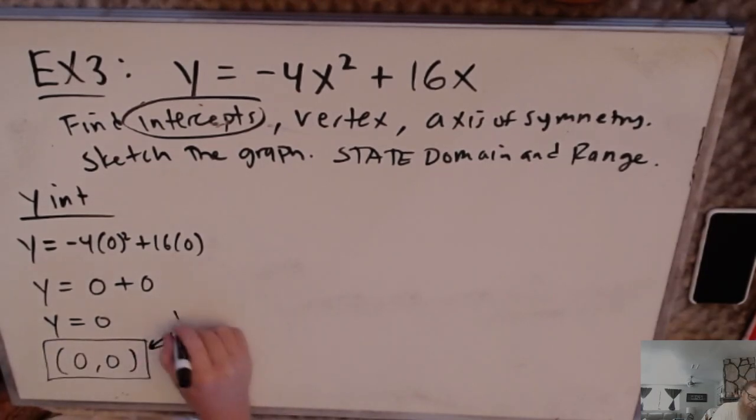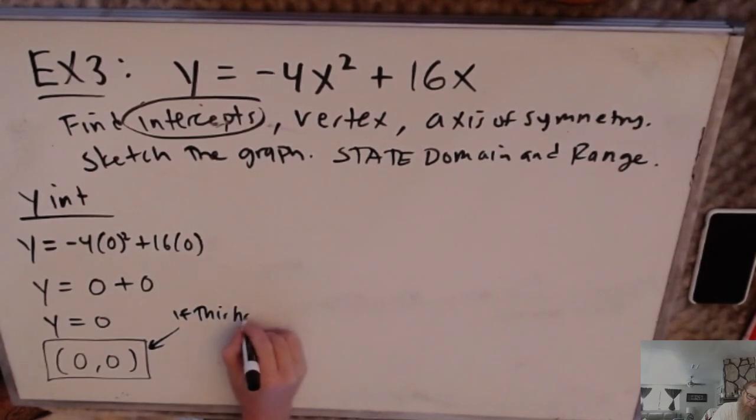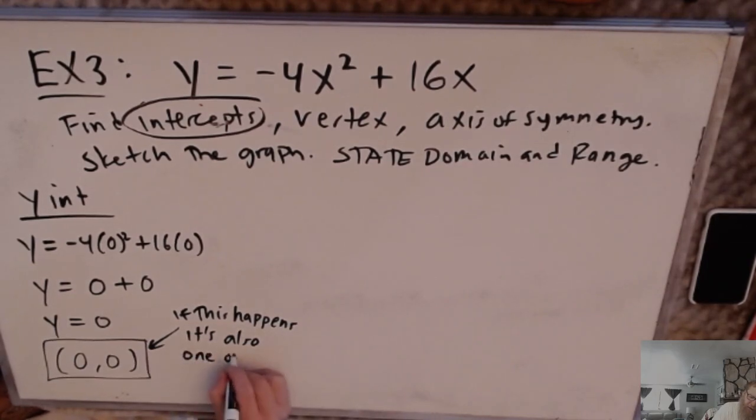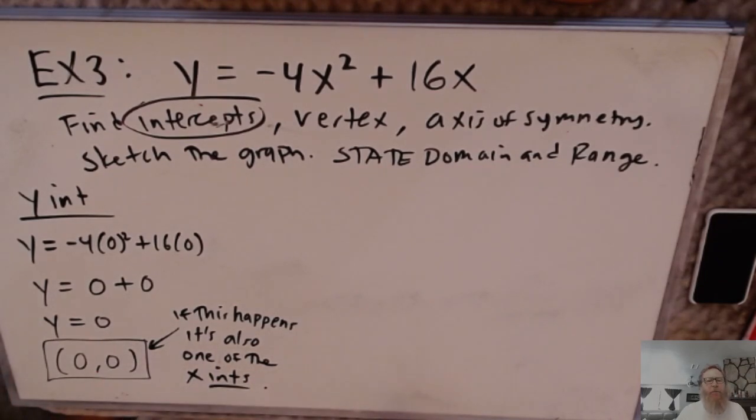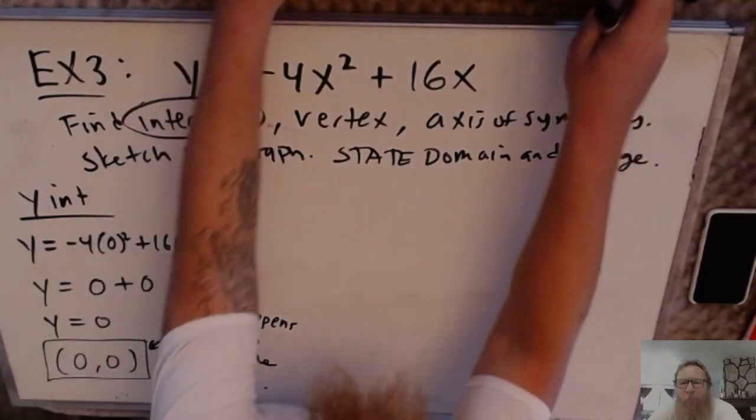If this happens, where you get double zeros, it's also one of the x-intercepts. So this is kind of like a buy one, get one, only if you get double zeros. If you get double zeros, that's the origin. The origin is the only point that double counts. It counts as both an x-intercept and a y-intercept.